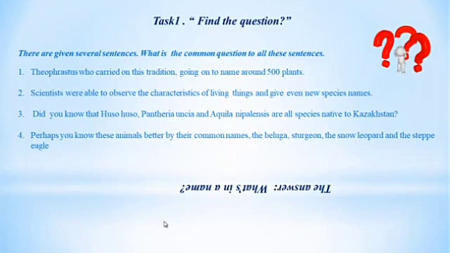Did you know that Huso huso, Panthera uncia, and Aquila nipalensis are all species native to Kazakhstan? Sentence 4. Perhaps you know these animals better by their common names: the beluga sturgeon, the snow leopard, and the steppe eagle. That's right. The answer is: What's in a name? So you're going to read the text, What's in a Name.